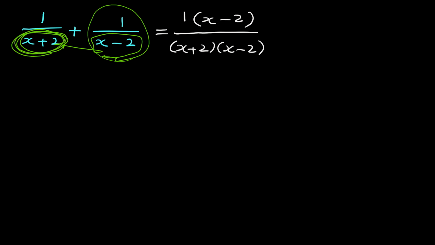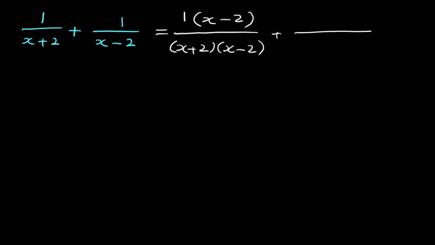We don't have this factor in this denominator, but the least common denominator should involve all the factors of all the fractions. So we have to multiply the denominator and numerator of this rational expression by x plus 2. So we have 1 times x plus 2 all over x minus 2 times x plus 2.